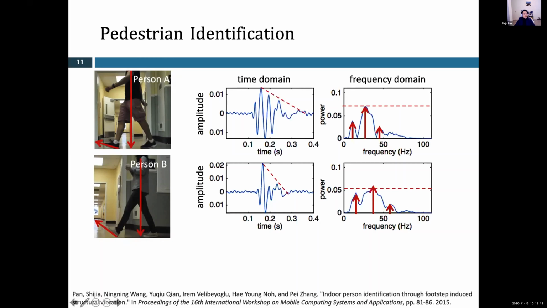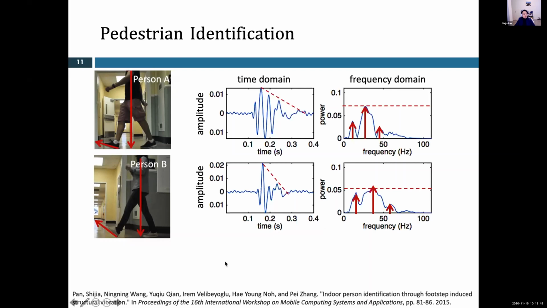Because of this difference in their walking patterns, their footstep-induced vibrations show very different time and frequency characteristics. In the center figure, we can see that the time domain signal shows very different slope and peak. Because of that, their frequency domain signal shows different peak height and different peak location in the frequency.